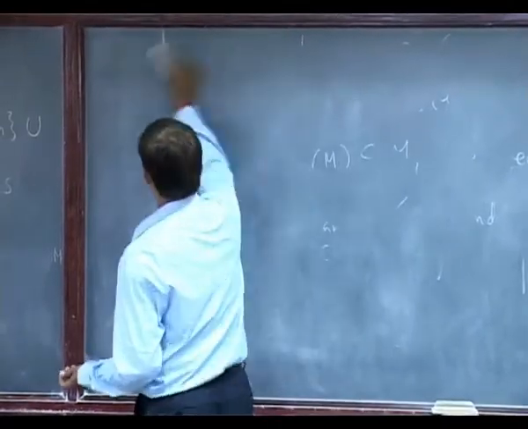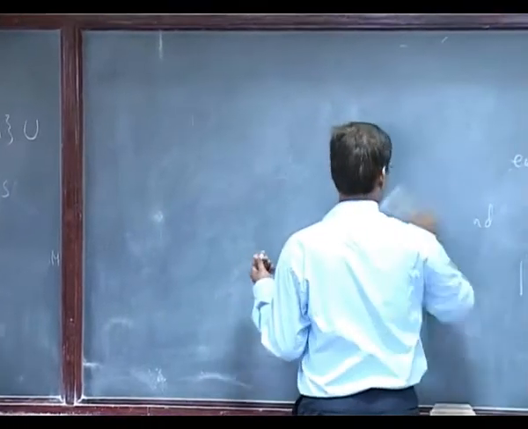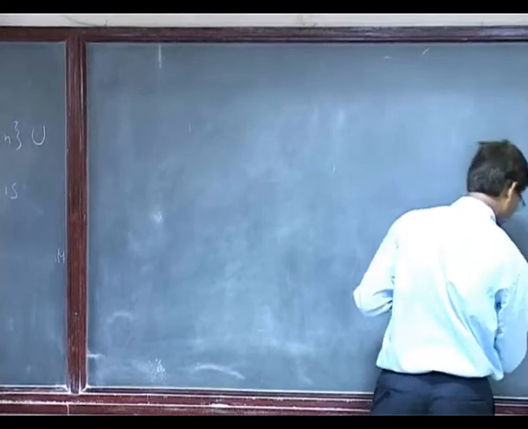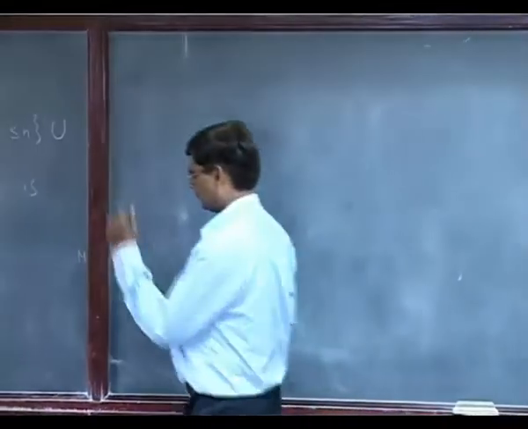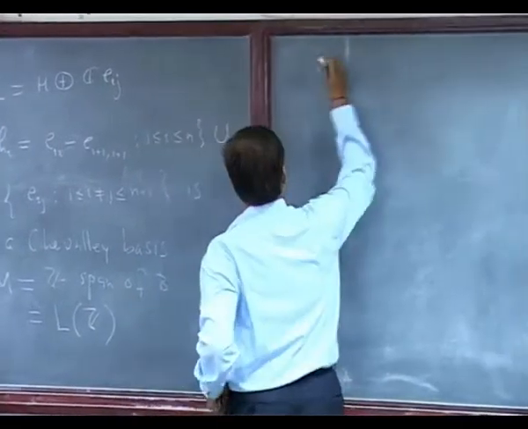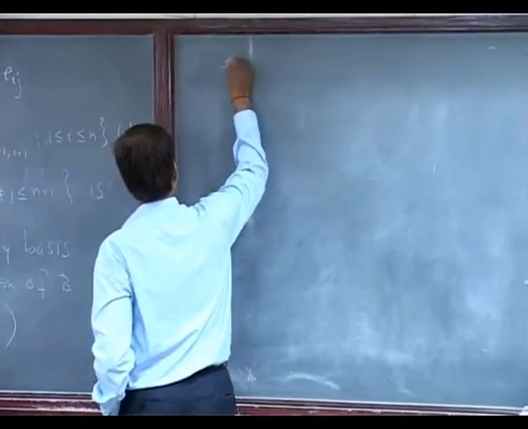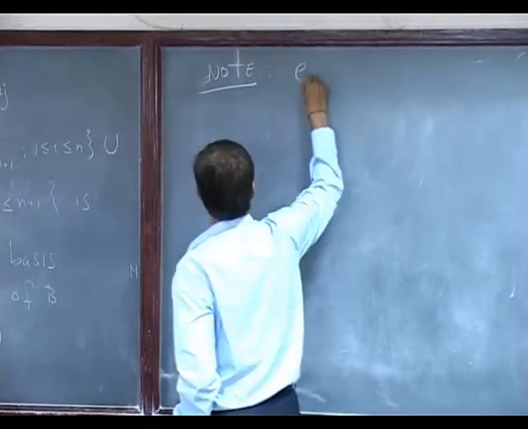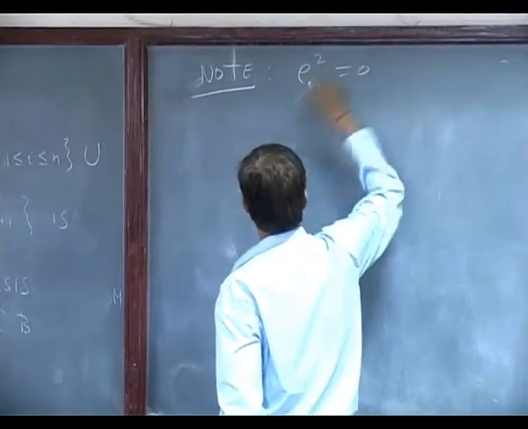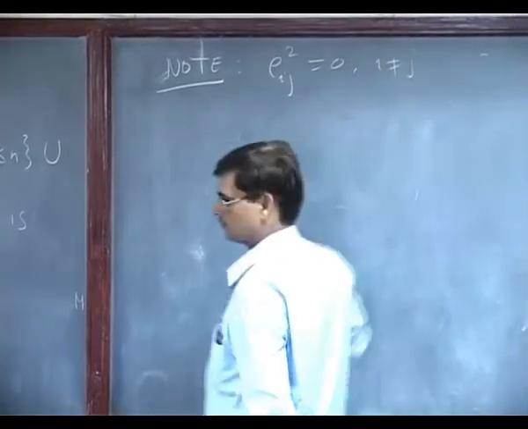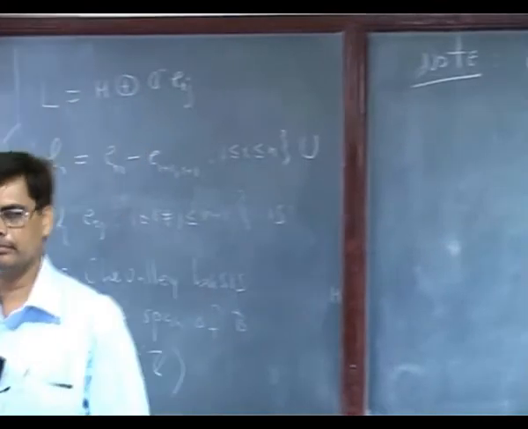Then what is the matrix E alpha u and the transformation X alpha u? First you notice the following: for E ij, E ij square is 0 if I is different from j. If I apply it twice, it becomes 0.